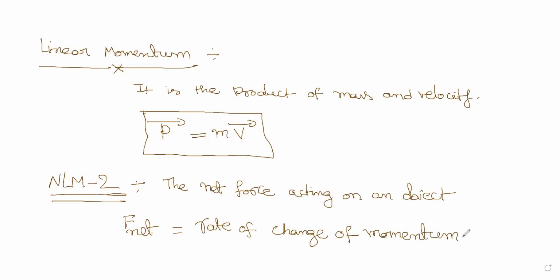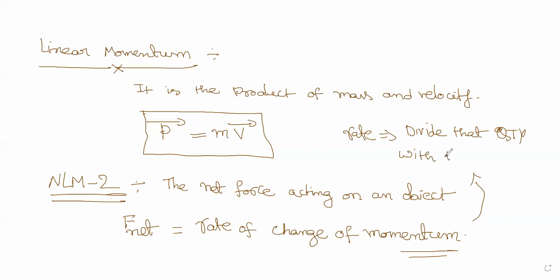If I say rate, in general, it means you divide that quantity, whatever quantity you have, by time. This is what you have to remember. When I say rate, you have to divide that particular quantity by time.